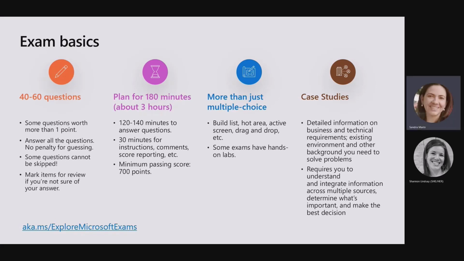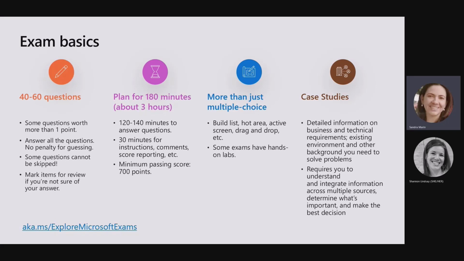Now, the way we weight the questions to get your score, not all the questions have the same weight or value. Some questions are worth 1 point, some questions are worth more than 1 point. But it's important that you answer all the questions. Even if you are not sure about the answer, just answer it. Take your best guess.